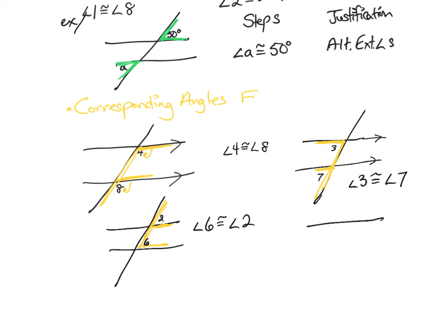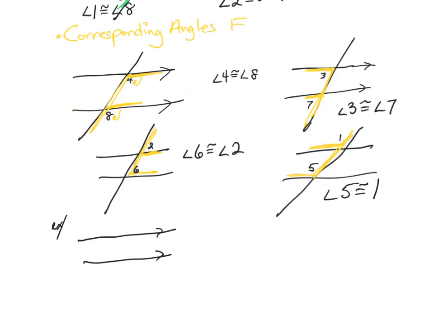But there's also the case of an upside down backwards F, which would be here, which would mean that angles 5 and 1 are also congruent.